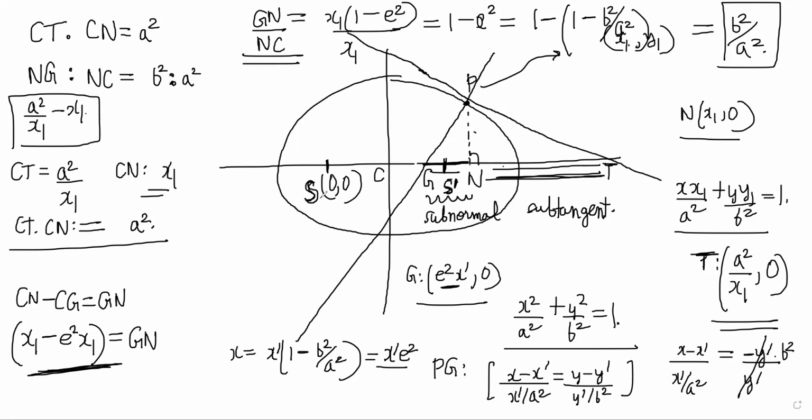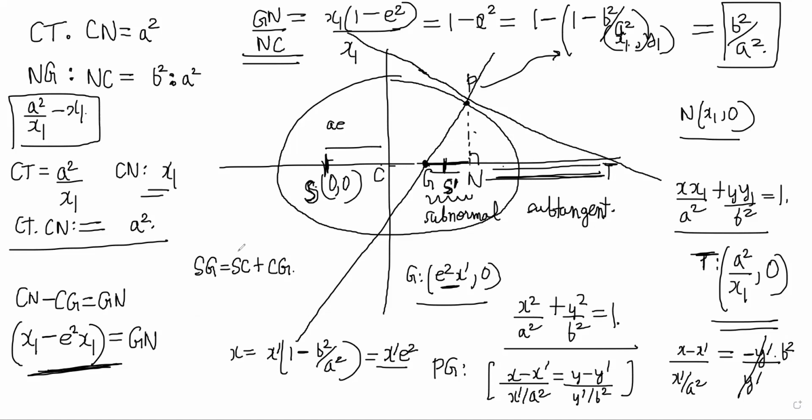Now, what is S to G? S to G distance here, from this focus to this point, right? That distance is SC plus CG, right? SC plus CG. And SC is AE, this much is AE, and CG is how much?